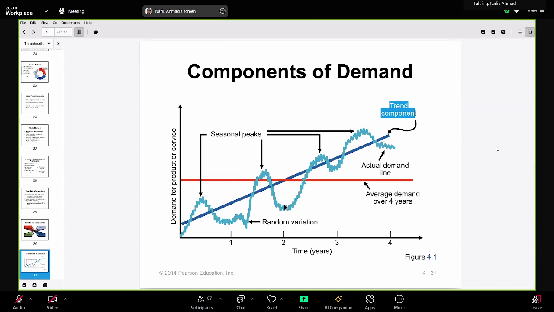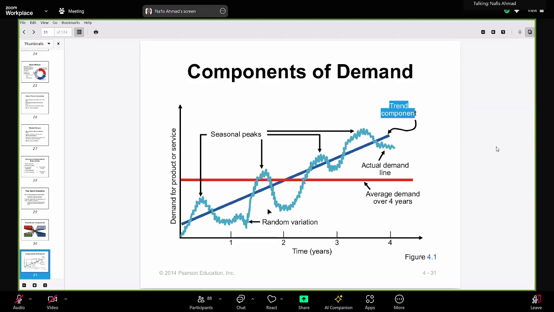There is some random variation also. Random variation has an unknown reason. Nobody knows the reason for this. Say, for example, a garment strike can block the road, so demand for an item decreases because of this blockage.